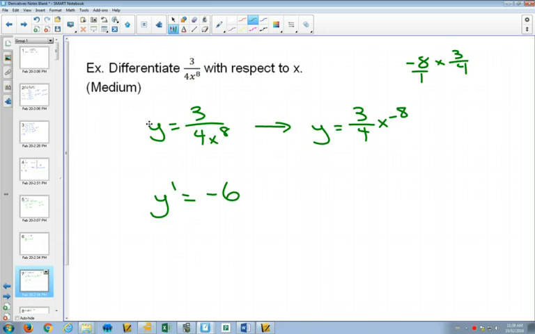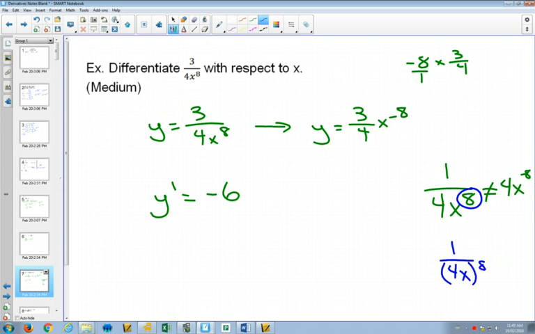That's a good question. Why didn't I take, when I have this, why is it not equal to this? Why does the 4 stay in the bottom of the fraction? Well, the reason for that is right now this 8 is an exponent only to the x. That exponent doesn't go to the 4 as well. Does that make sense? This is different than this.